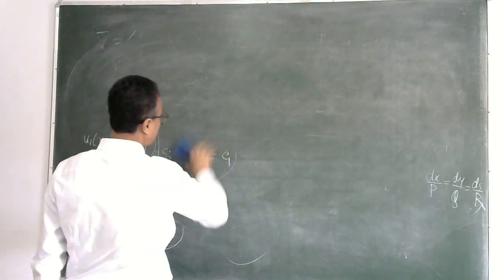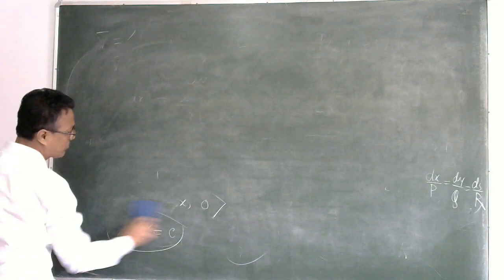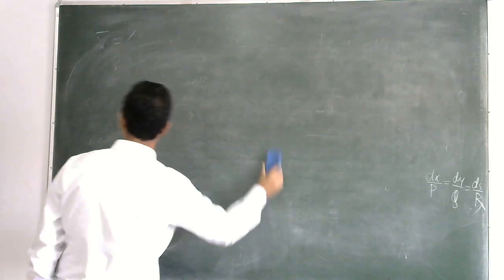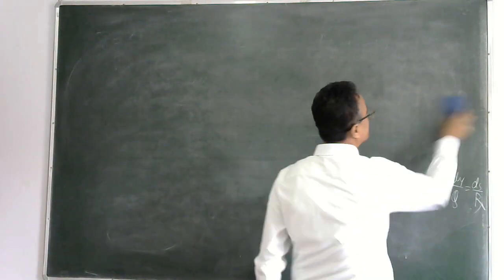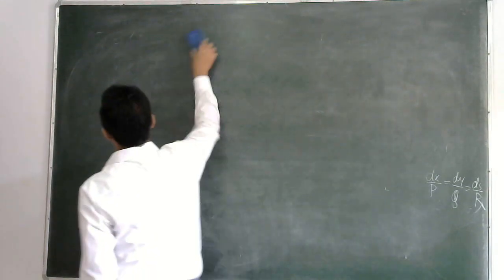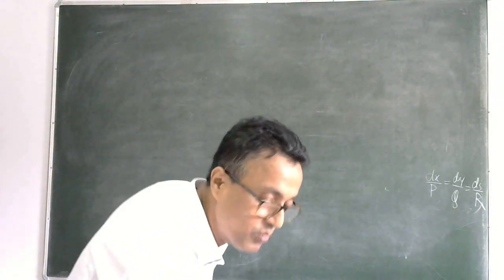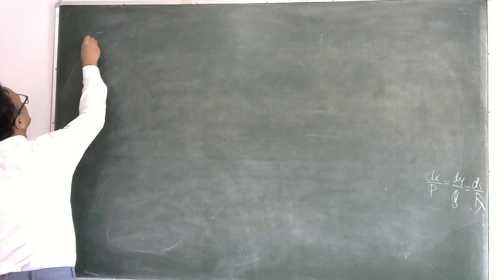So let us try to prove one theorem. The theorem has two parts. Rather than confusing you with both parts at one go, I will try to prove them part by part. Okay, fine.